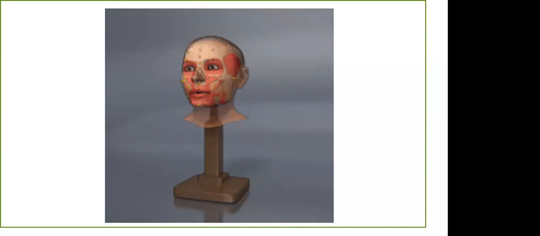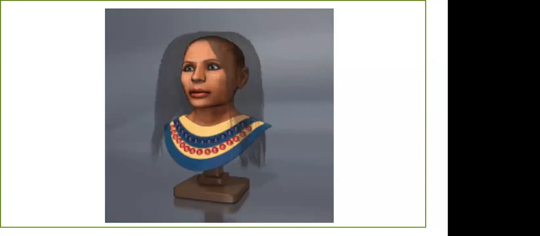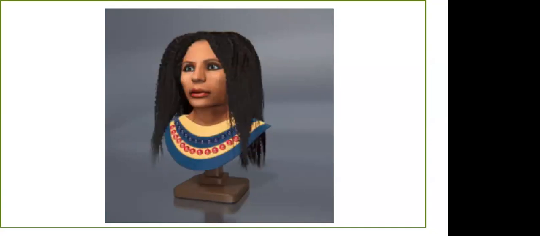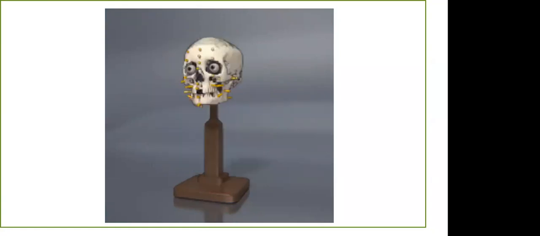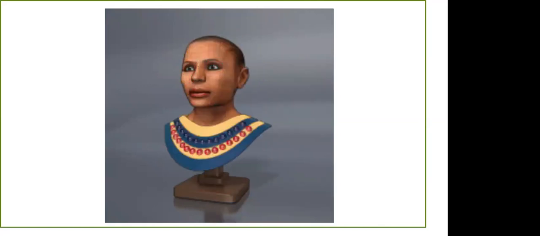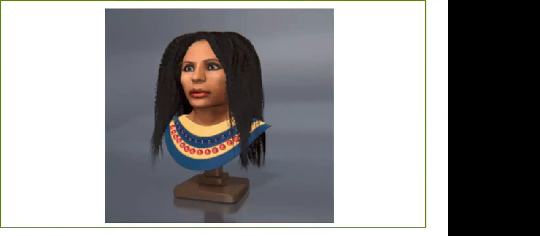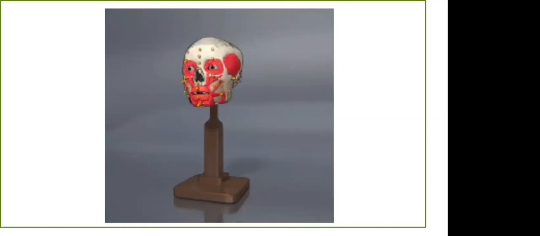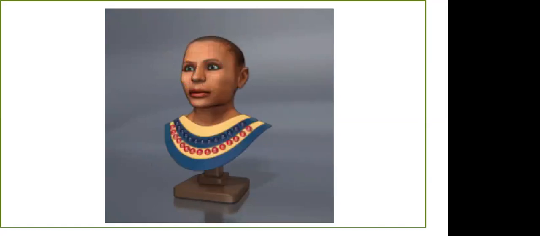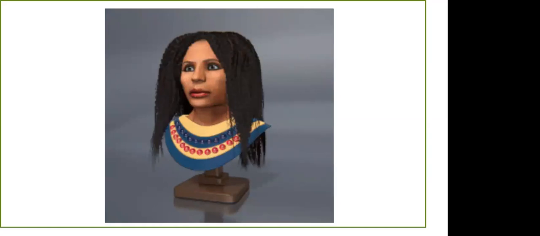For 2D reconstruction, once we have that image, we'll start drawing the features on the basis of the landmarks only. For 3D, we'll start sculpting everything in clay modeling. And for computer assisted, we'll start overlaying the layers and then build the structure on that. So the process actually depends on which technique you're using for identification purposes.